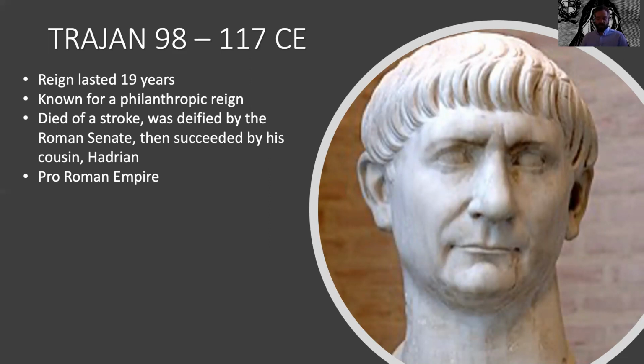He was very well regarded in the time for his administration and his getting along with people. And even though he was an emperor and he could do what he wanted, he was conciliatory toward the Senate and everything like that. He also expanded the boundaries of the Roman Empire to their greatest extent, and the Romans liked conquest, right? And he died of a stroke.